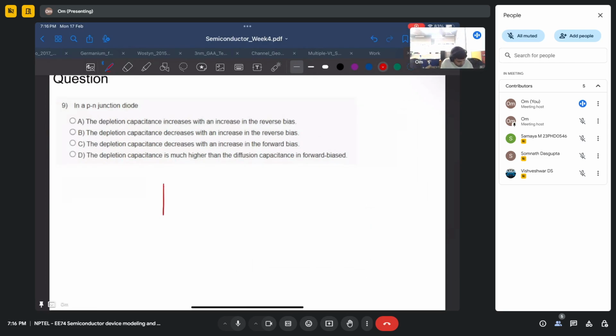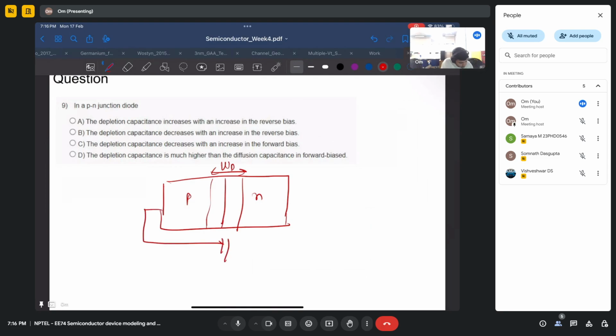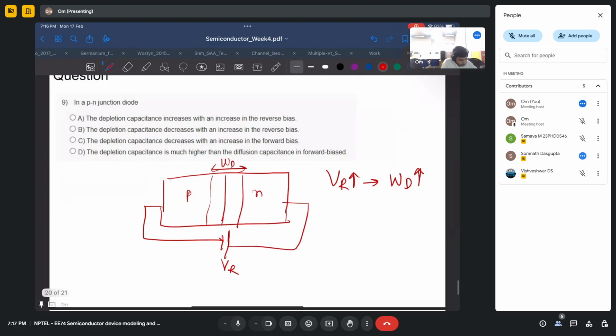So you have a PN junction diode. Both have some depletion on each side. Let me call it WD. And we are applying some reverse bias. When I am increasing the reverse bias, what is happening to WD? Is it increasing or decreasing? The depletion width will increase.